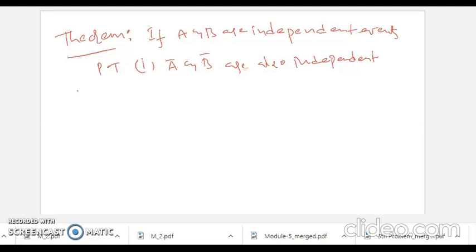Now, we are going to prove here. Given the condition that A and B, the two events, are independent.